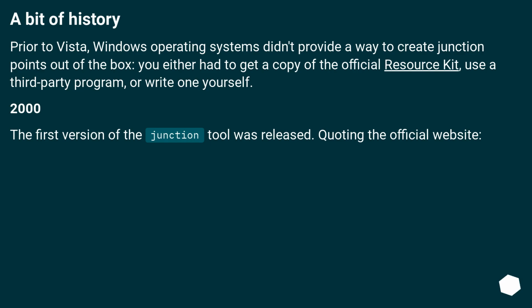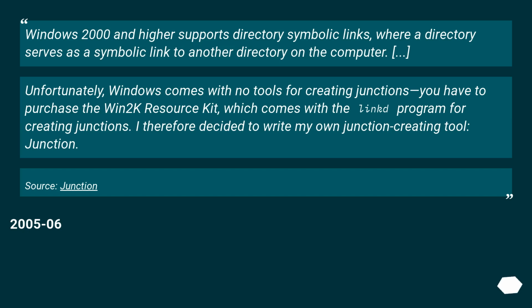Quoting the official website, Windows 2000 and higher supports directory symbolic links, where a directory serves as a symbolic link to another directory on the computer. Unfortunately, Windows comes with no tools for creating junctions. You have to purchase the Win2K resource kit, which comes with a linked program for creating junctions. I therefore decided to write my own junction creating tool, Junction. Source: Junction.